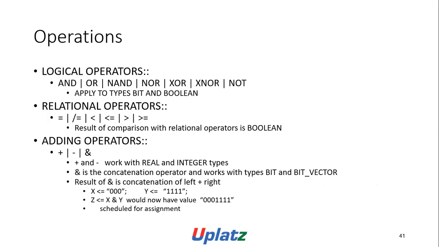Operators. The logical operators and, or, NAND, NOR, XOR, XNOR, not apply to types bit and boolean. The relational operators equal to, not equal to, less than, less than or equal to, greater than, greater than or equal to result in a boolean from the comparison. The adding operators plus and minus work with real and integer types, and the ampersand concatenation operator works with types bit and bit_vector. The result is the concatenation.